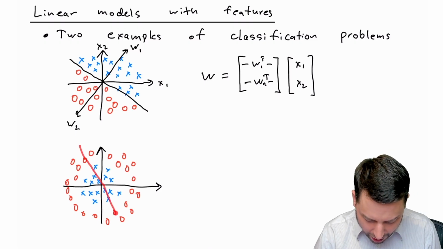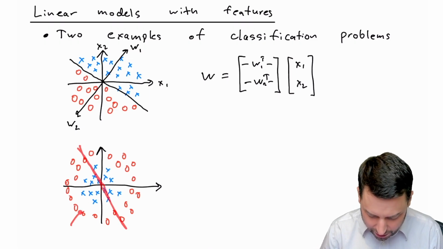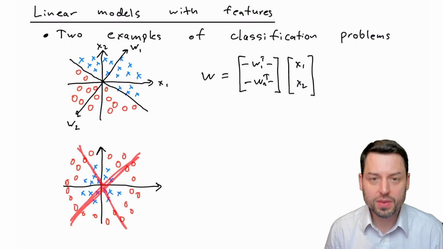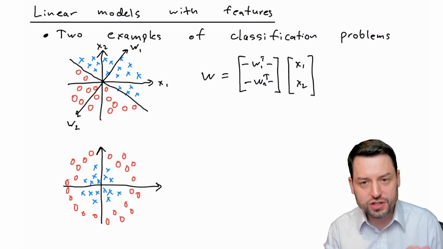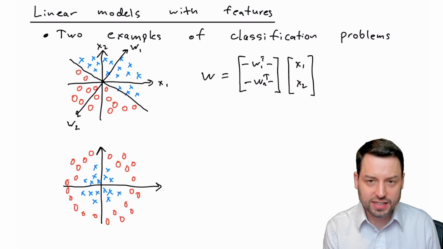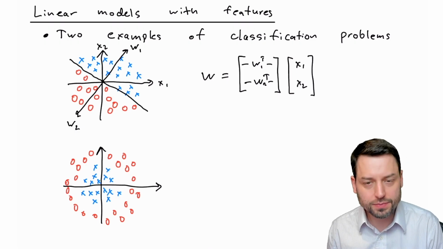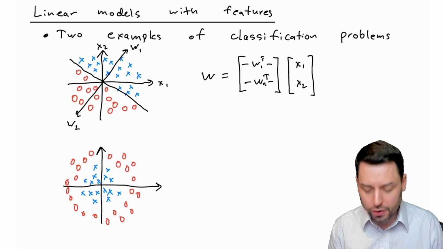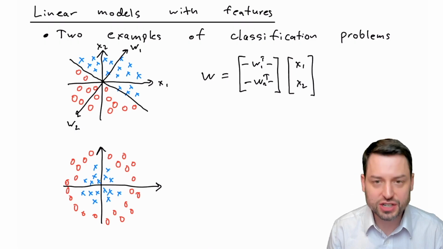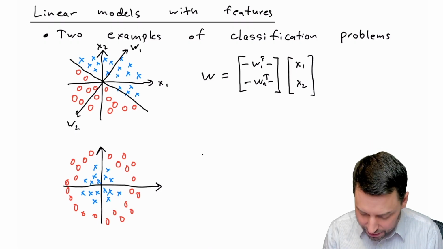No matter where you draw this line, that way or anything like that, you'll never be able to separate the x's from the o's here. Right? There's no linear classifier that can actually separate these points. So I'll write that down.